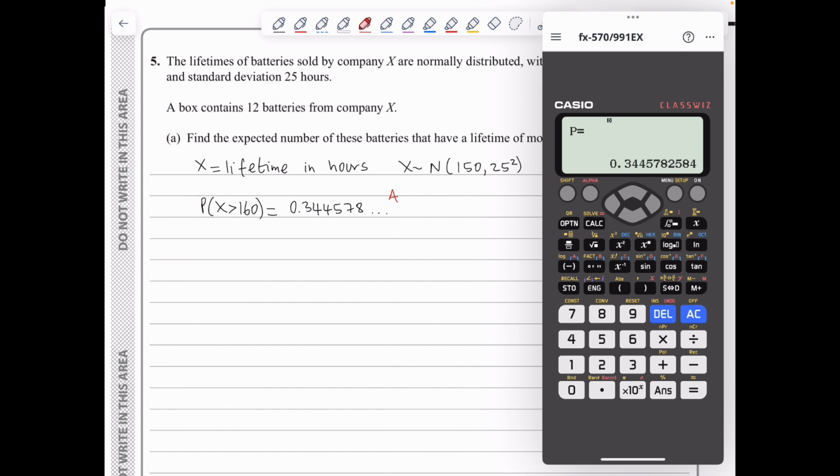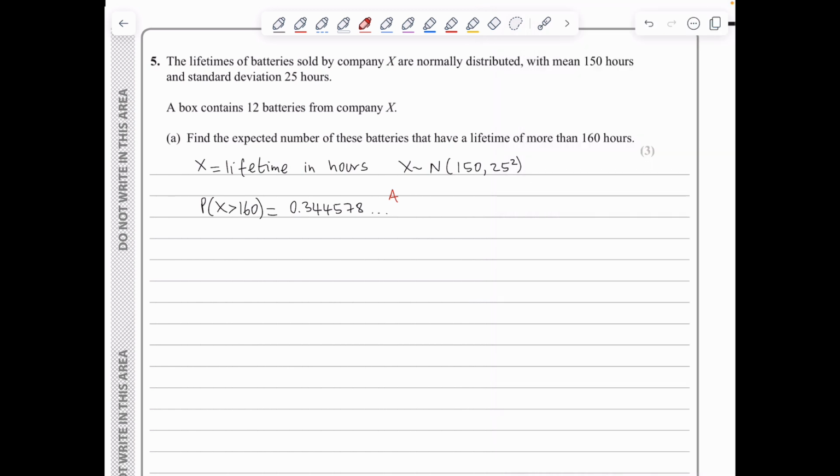Remember, we've got 12 batteries within a box. So I will define the random variable T to be the number of batteries lasting more than 160 hours. And we're wondering how many of these batteries will actually turn out to be lasting for more than 160 hours.